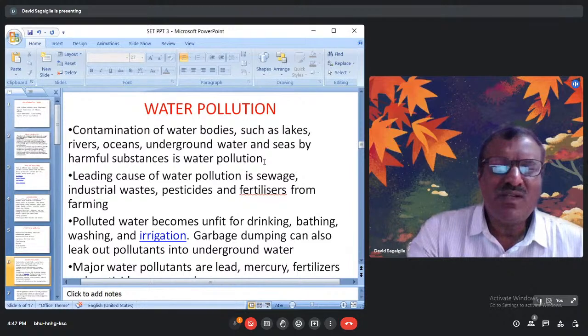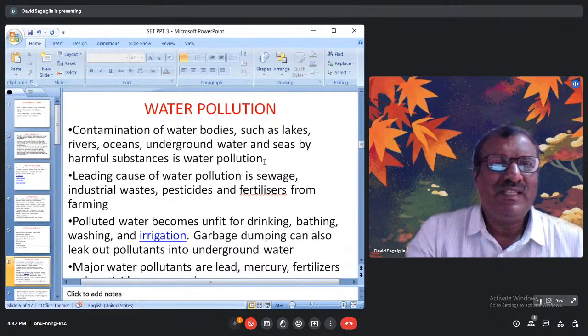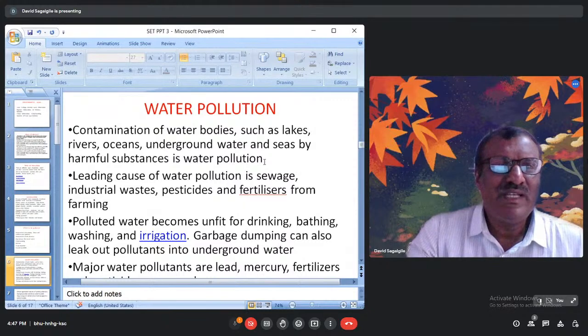So when harmful substances get mixed into the water bodies, when the industrial waste is let out into them, we see that the water gets polluted. And which has also got a very huge bearing on the entire environment.